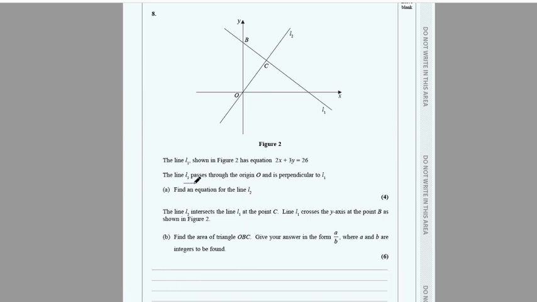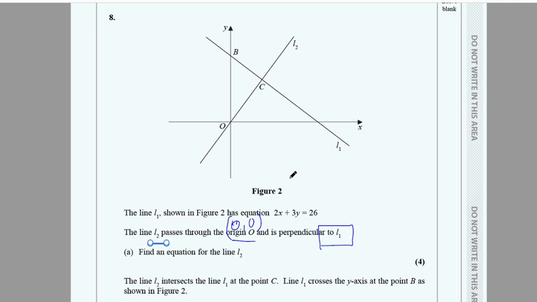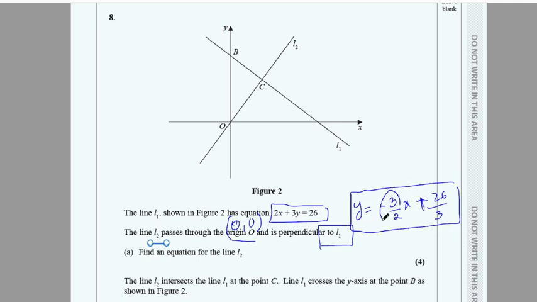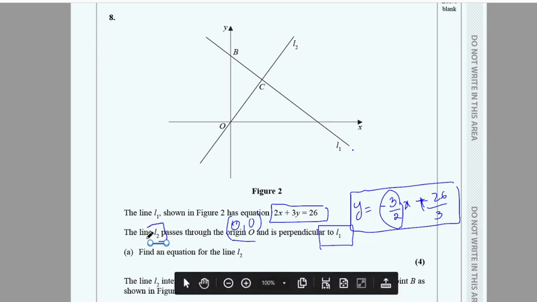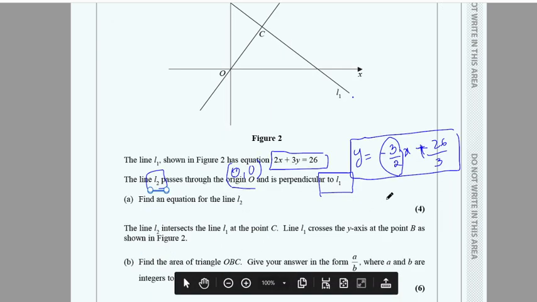Line L2 passes through the origin, so 0, 0 is my x1, y1, and it is perpendicular to L1. So this is L1. If you make y the subject, you get the gradient. So that's the gradient for L1, but L2 is perpendicular to this one. So you need to use m1 into m2 equals minus 1.